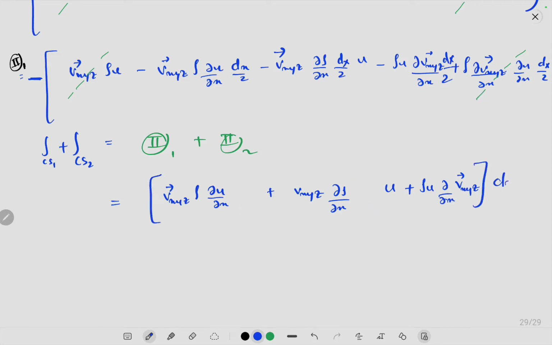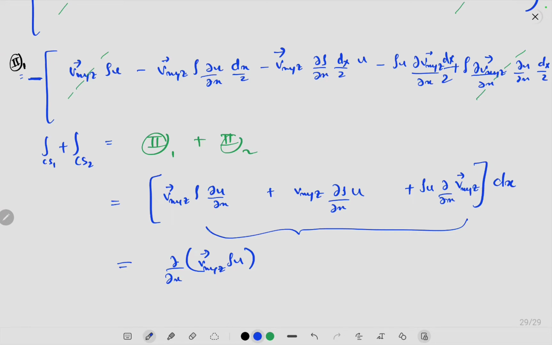So this times dx. Now can you recognize how we can write this term in a more compact way? Can I write this as del by del x of vxyz rho u?